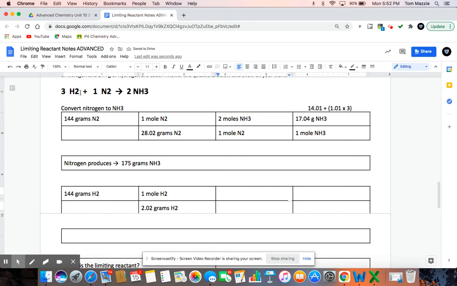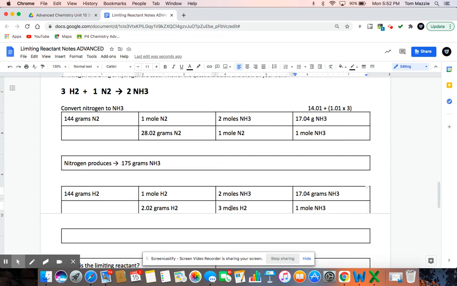From the equation, we have 3 moles of hydrogen, so 3 moles of hydrogen is equal to 2 moles of NH3. And we already know that 1 mole of NH3 is equal to 17.04 grams NH3.